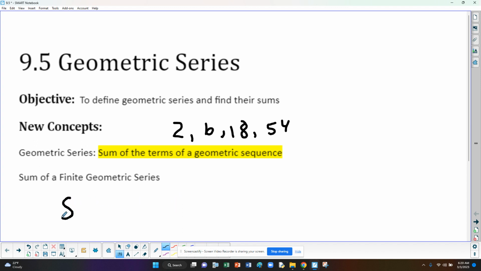To find the sum of your number of terms, you can take your first term times 1 minus your common ratio to the number of terms in your series, all over 1 minus your common ratio.